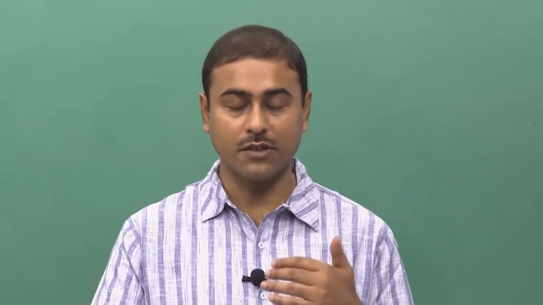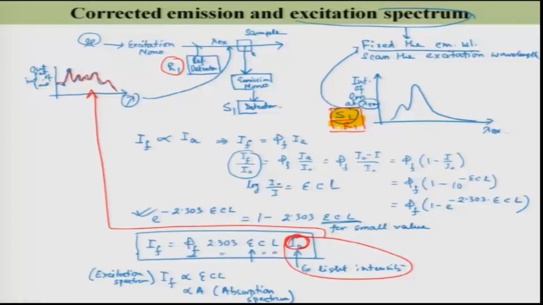If they are different, that means there is a change in the structure of the molecule in the excited state. So, every time we need to perform this excitation spectrum and see whether it is the same as the absorption spectrum, but it will never match if you do not do S1 by R1.